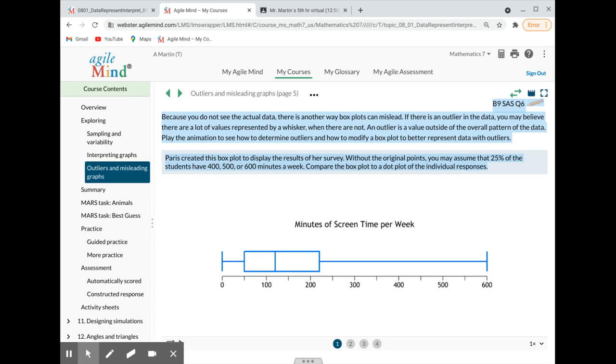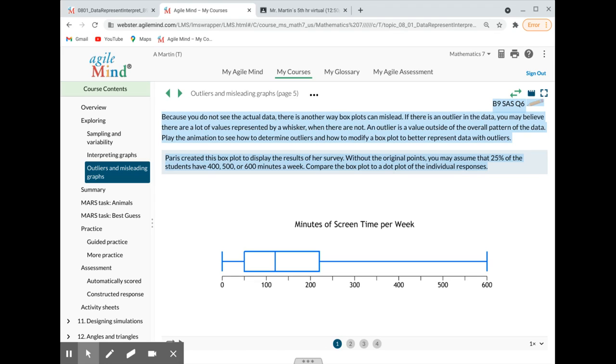Because you do not see the actual data, there is another way box plots can mislead. If there is an outlier in the data, you may believe there are a lot of values represented by the whisker when there are not. An outlier is a value outside the overall pattern of the data. Play the animation to see how to determine outliers and how to modify a box plot to better represent data with outliers.